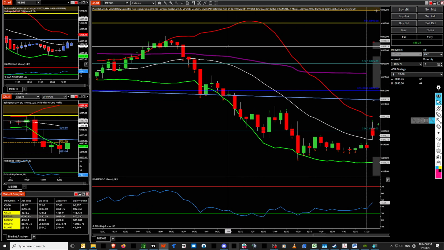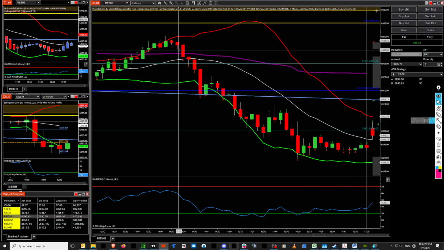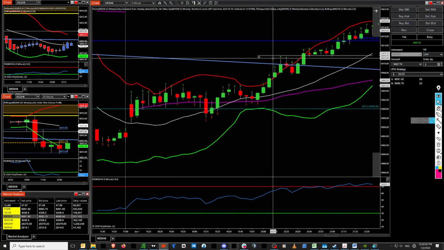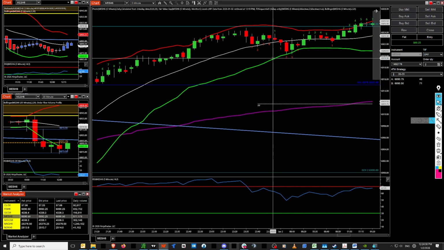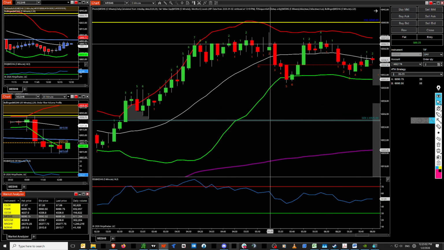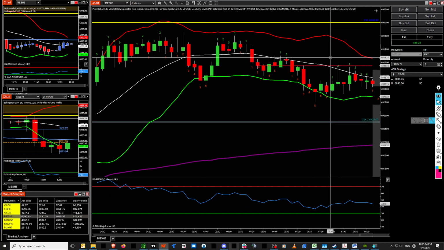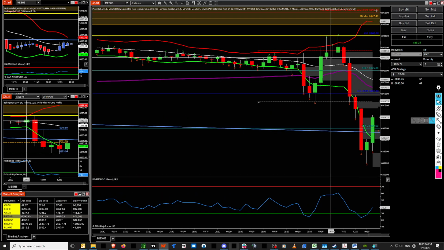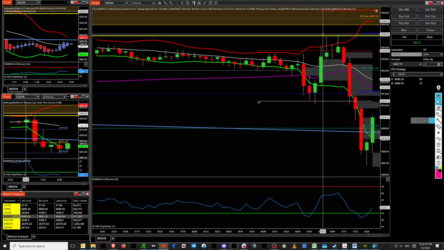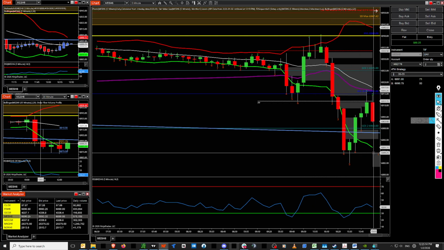And so that run took these people out, possibly. Definitely took this group of people out. There's your contracts. They need to go short, and down they go.